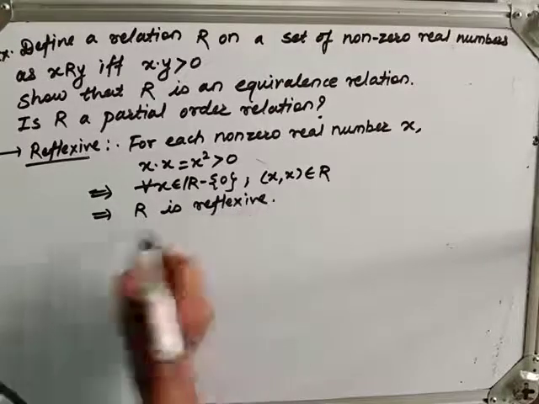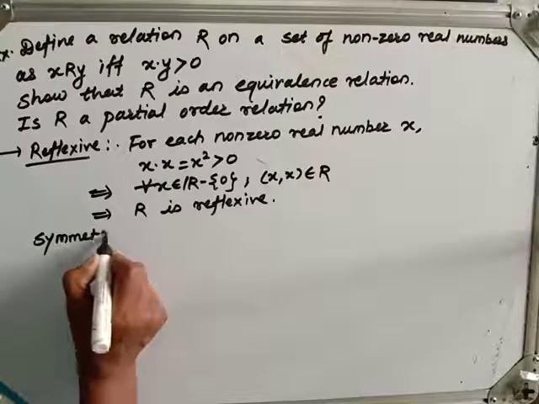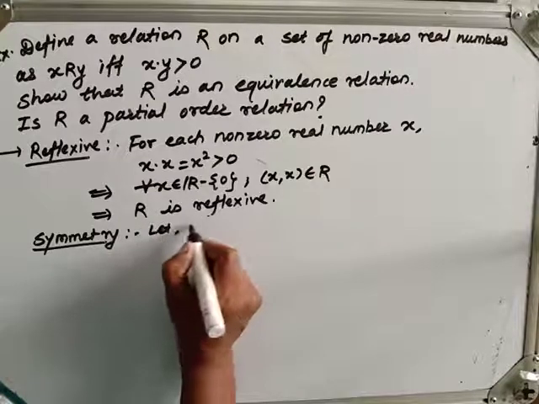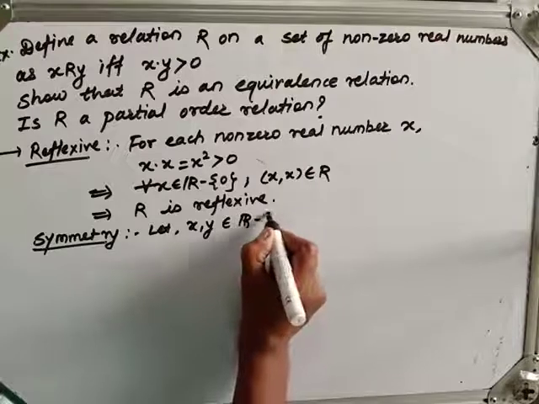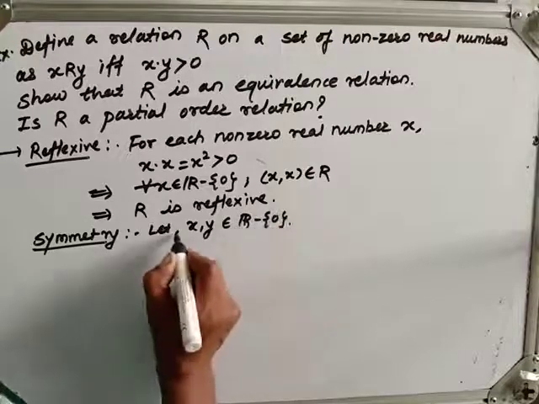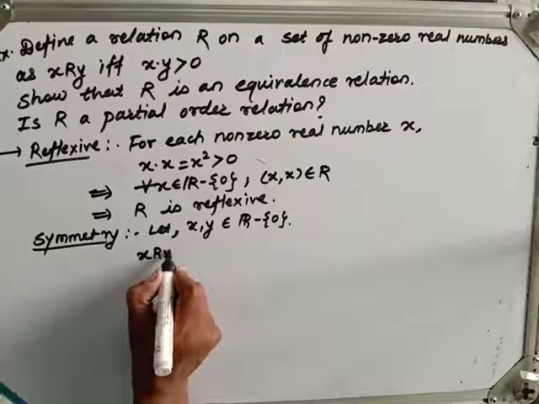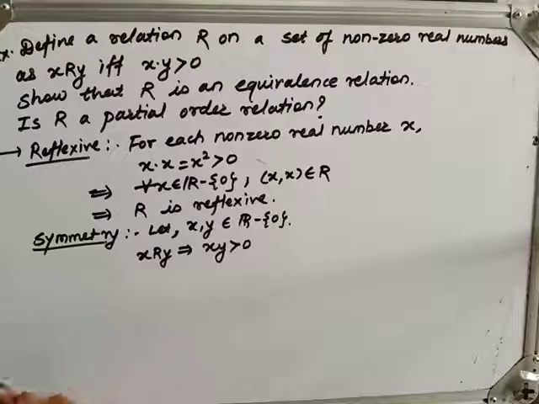R is reflexive. Now symmetry. For symmetry, let x, y belong to R minus {0}. x related to y is the same as to say x times y is positive.